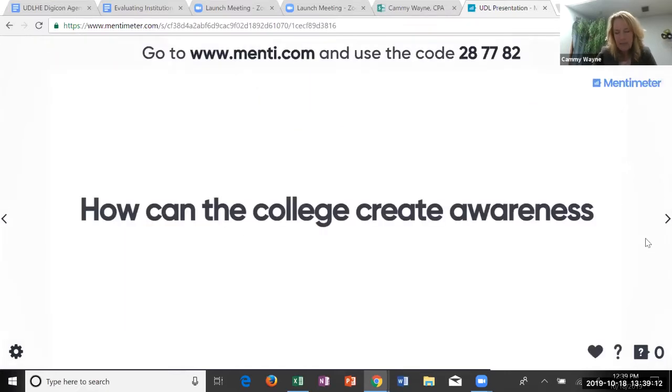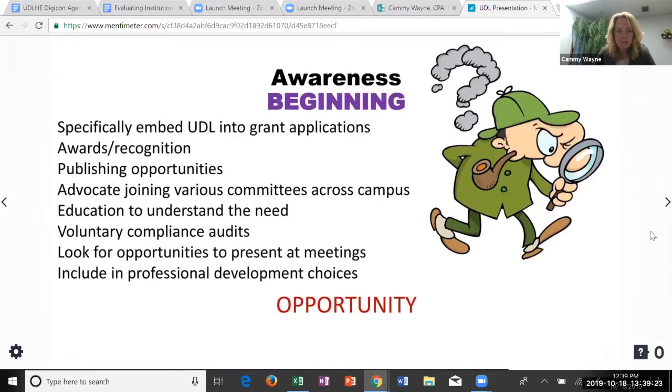So how can a college create awareness? Awareness and acceptance. We're going to focus on that now. If you are at those beginning stages, this is a huge part of that beginning level. Some things that we can do to create awareness are sneak UDL into some grant applications.